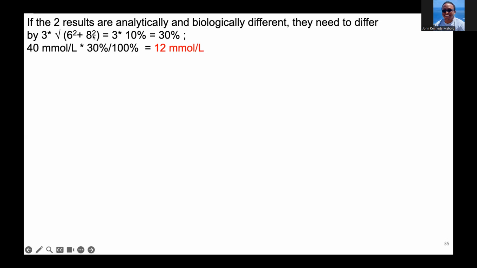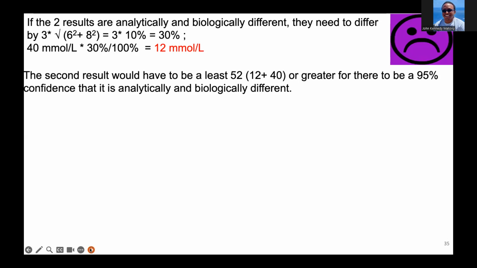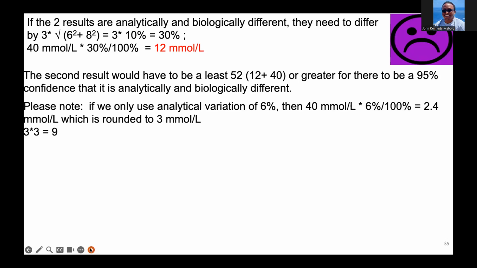So now you have 50 millimoles per liter times 30% over 100 to give you your MU in units. So the second result would have to be at least 52, which is 40 plus 12, or greater, for there to be a 95% confidence that it is analytically and biologically different. So we didn't see that. So we're not happy at this time.